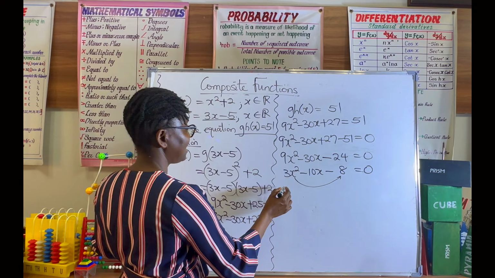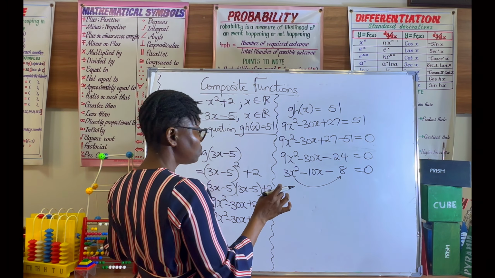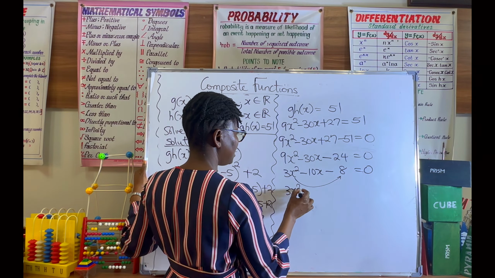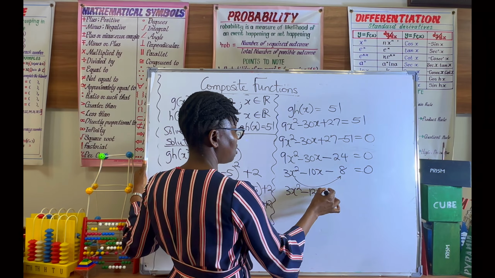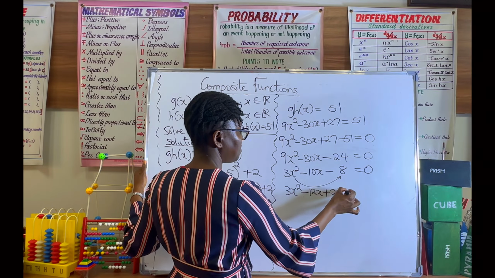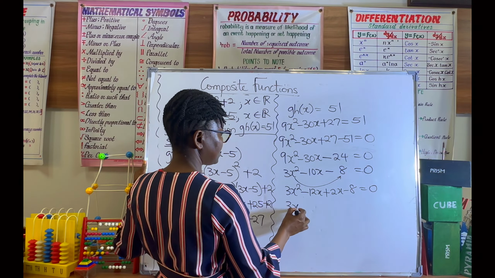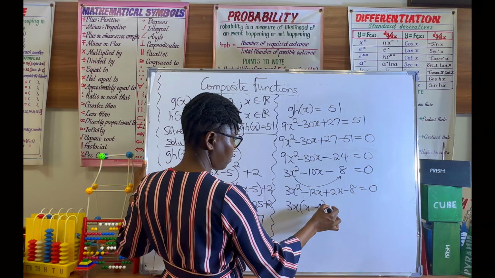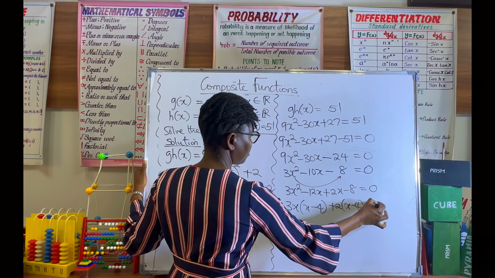Yeah, we'll have negative 12 and negative 2. So 3x squared minus 12x minus 2x plus 8 equals 0. 3x into x minus 4 minus 2 into x minus 4 equals 0.